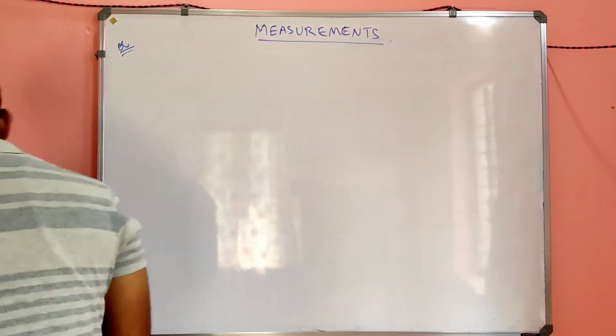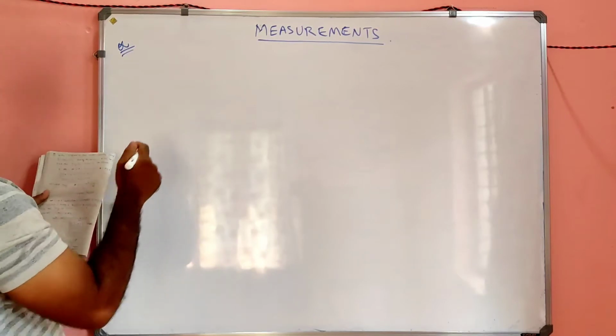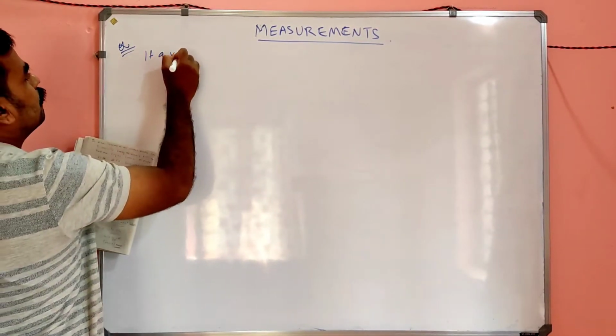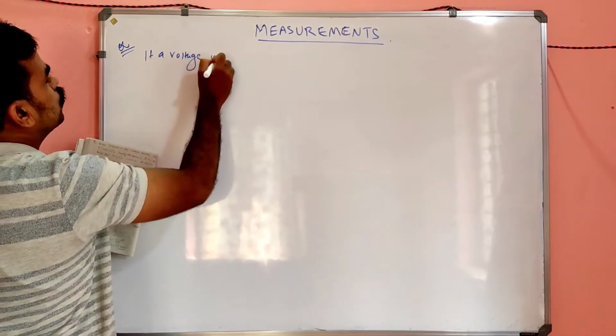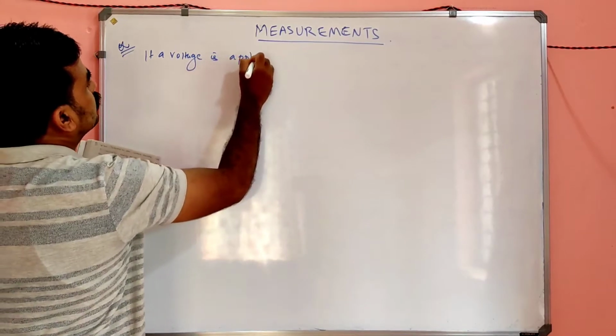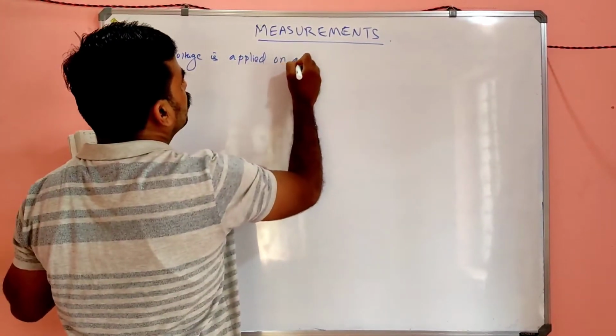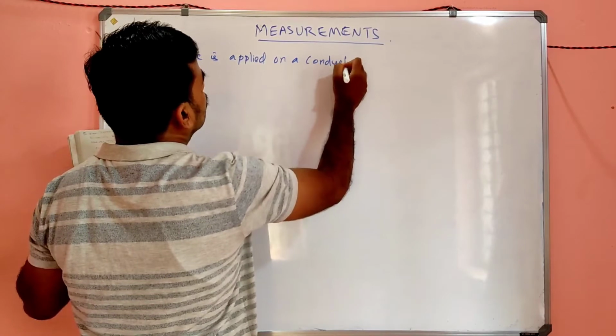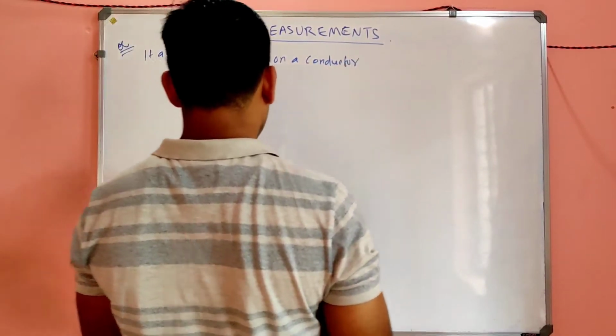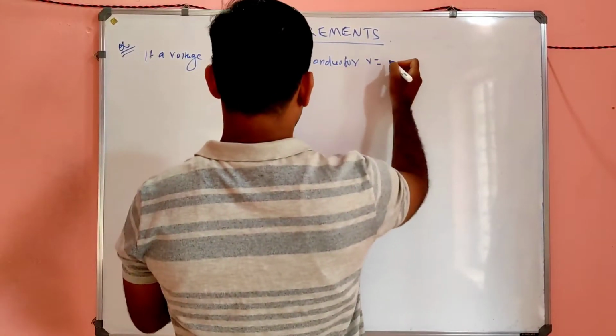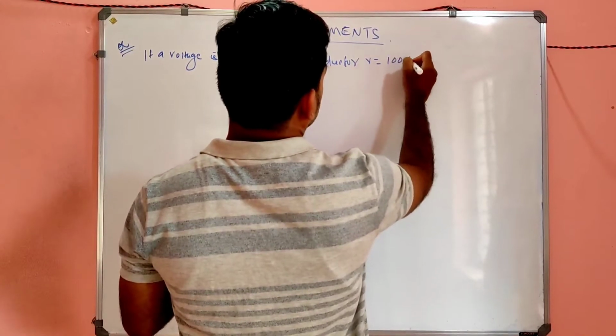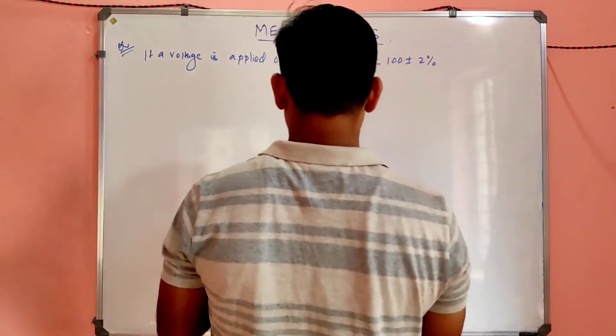If a voltage is applied on a conductor, V is equal to 100 plus or minus 2%.